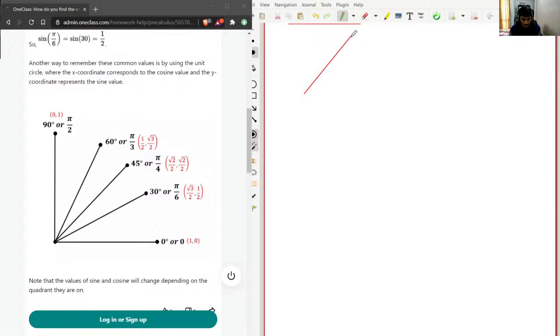So let's say, assume that this is an equilateral triangle, and let's say this is a perpendicular drawn. I'll just rub this and draw another one.